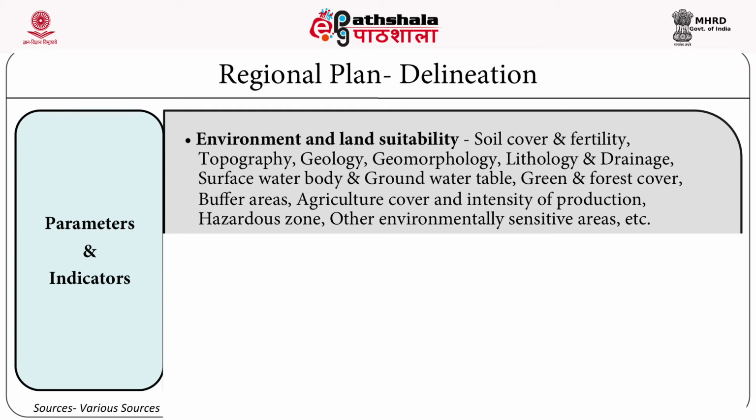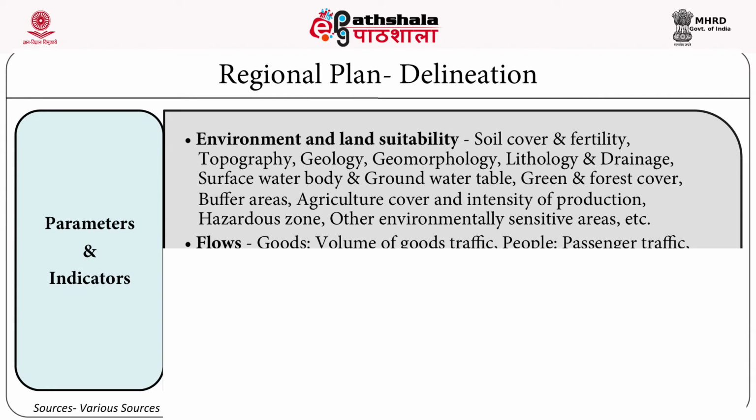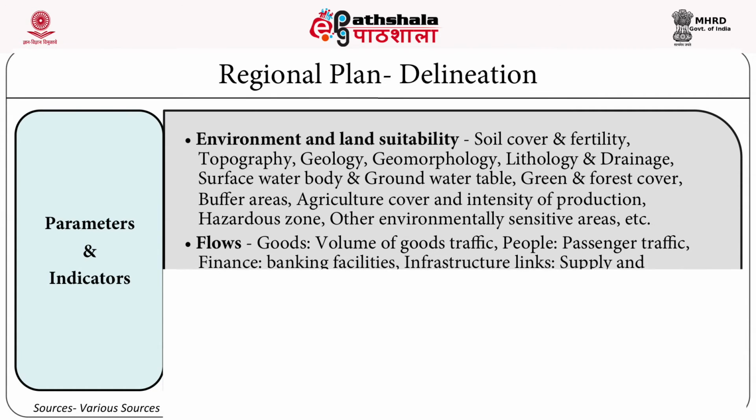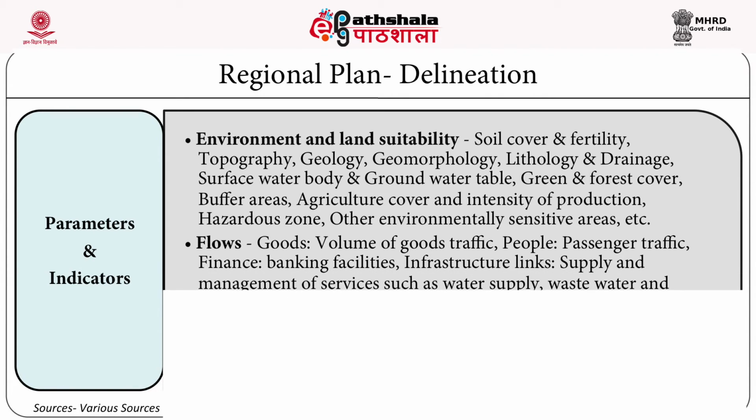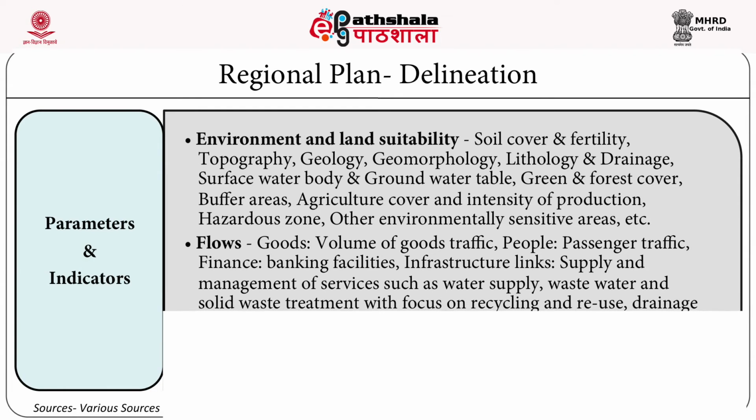Then we also have to know what is happening within the region in terms of the flows. For example, the goods movement, the volume of goods traffic, then the people's movement, the passenger traffic. So traffic volume we require.